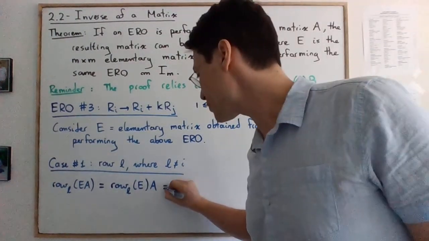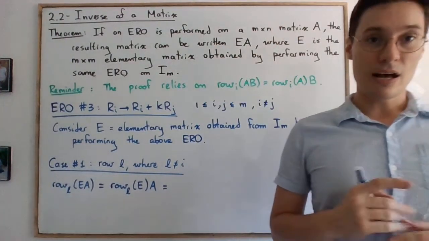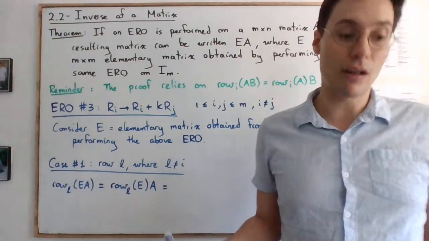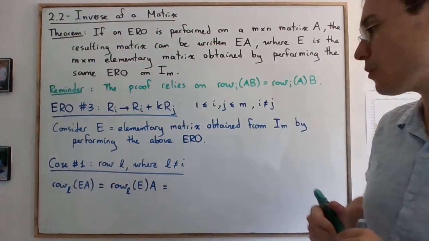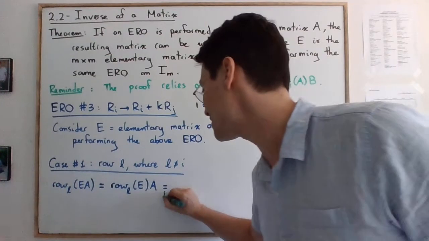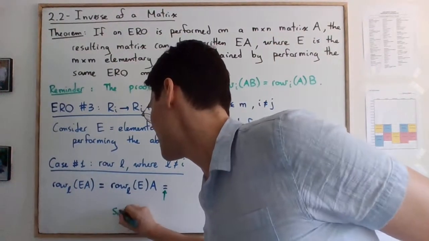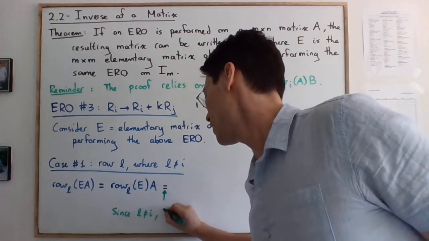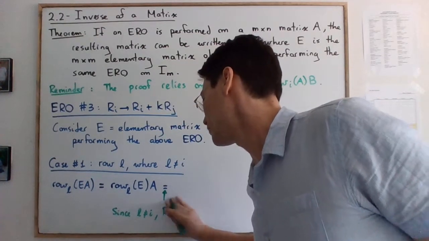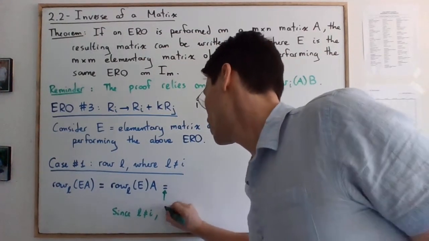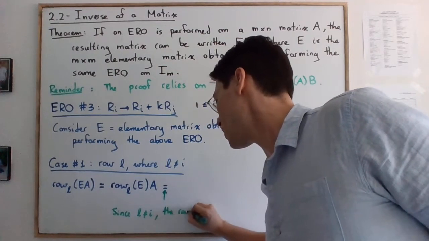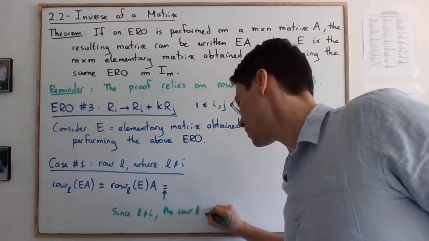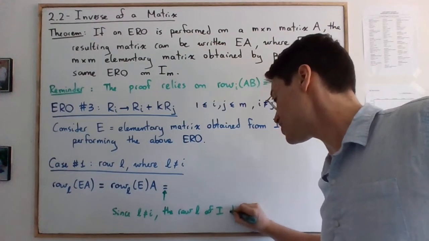And the important argument here is that this row hasn't been replaced at all. So it's the same row as the row of the identity matrix. So that's it. Since l is not equal to i, the row l of E didn't change.